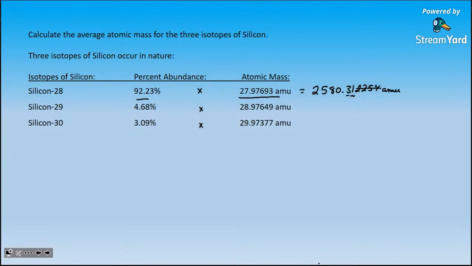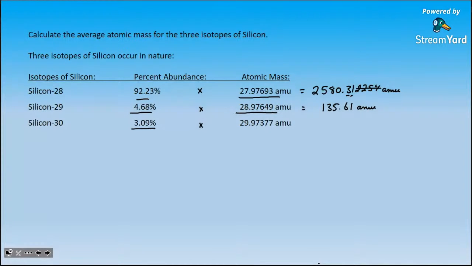For my next one, I'm going to take the 4.68% and multiply that by 28.97649, and I'm going to find that that is 135.609, but rounded to 2 decimal places, that 9 is going to round that 0 up to a 1. And then again, units of AMUs.